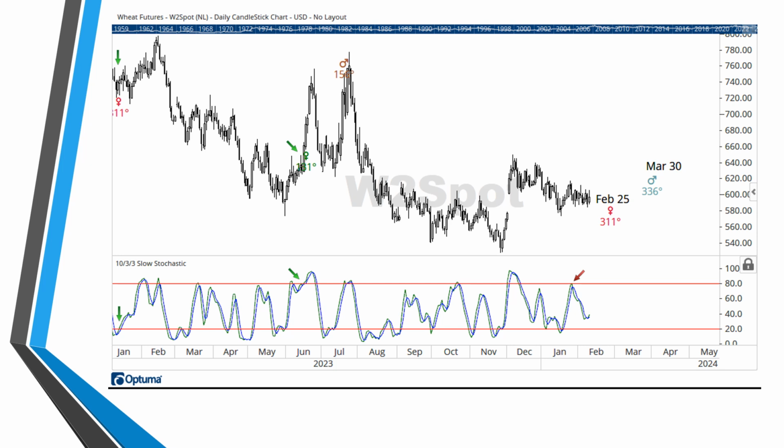Mars, 336 degrees. You're going to be watching for that date. You're going to be watching the stochastic, and hopefully you're going to get a buy signal of some sort, which will get the price of wheat not necessarily ripping higher, but certainly firming up, and that should last then into the harvest period for the winter wheat crop in July.